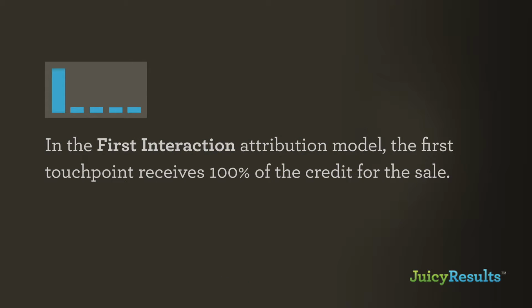There's also a first interaction model, and some marketers who are building their brand, and they want to know what was the first way they discovered my website, okay? I don't care what brought them back. I want to know what that first interaction was. And by the way, you can toggle back and forth between these. So you can look at the same data and say, show me the first interaction, and then show me the most recent interaction. So you can toggle back and forth.